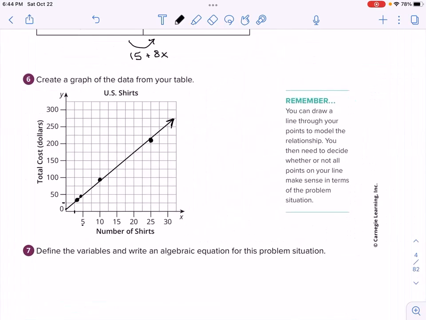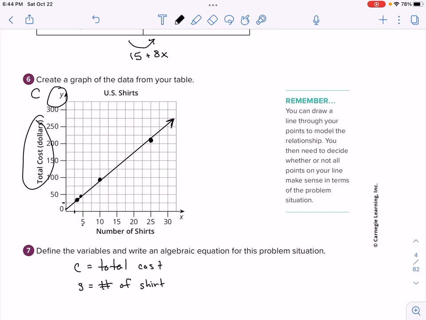All right, and C, define the variables and write an algebraic equation for the situation. So the variables that we have, I'm going to put C as total cost. Now this is our dependent variable. Dependent variable is always Y, but we can see that here. And number of shirts, X right here, I'll put S, number of shirts.